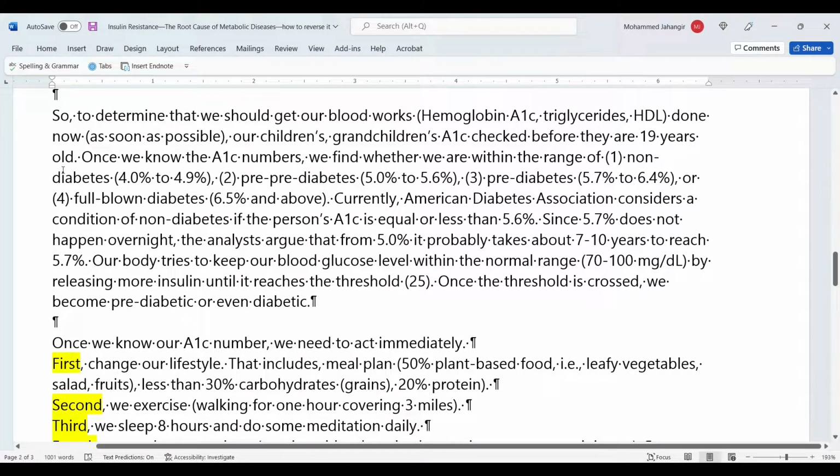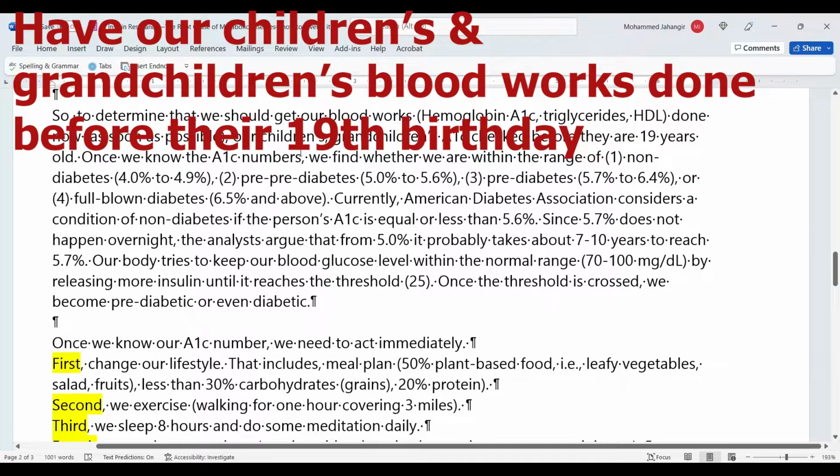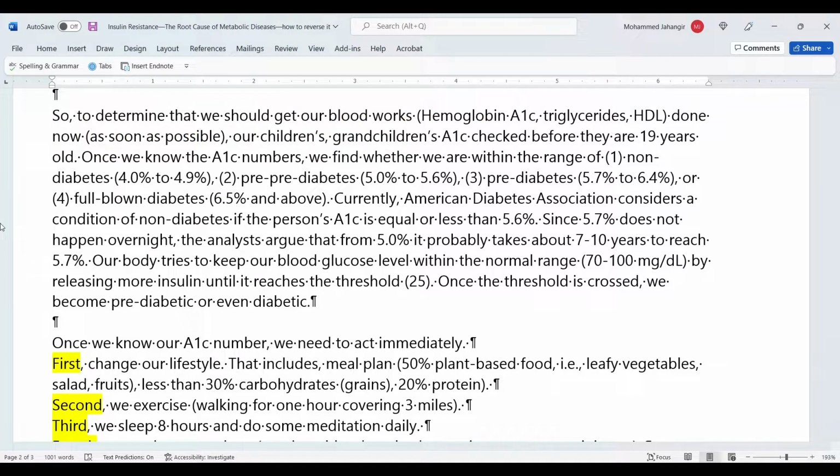So, to determine that, we should get our blood work done for hemoglobin A1C, triglycerides, and HDL. Get our children's and grandchildren's A1C checked before they become 19 years old.